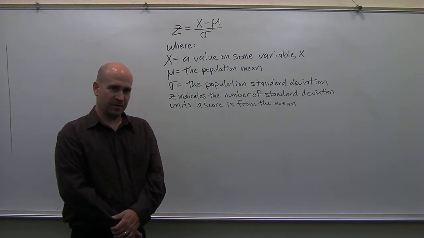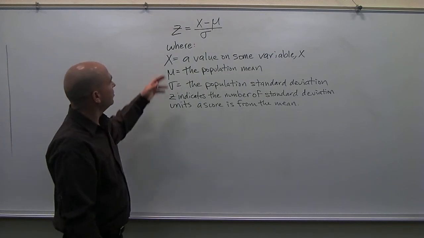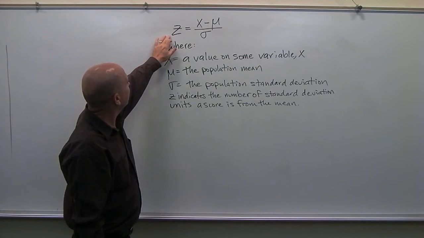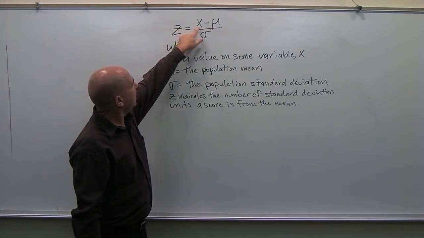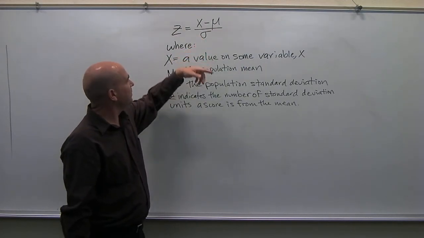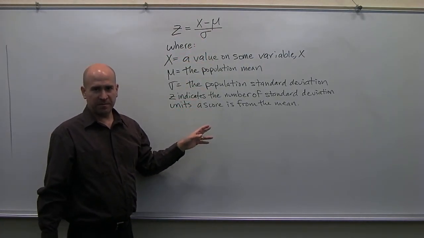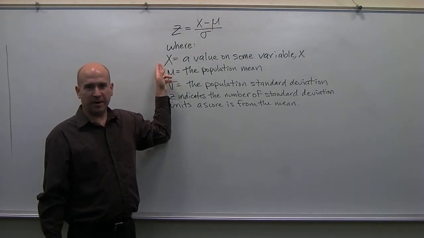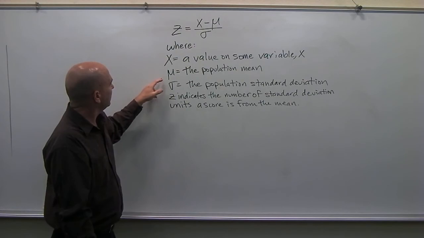In this video lecture, I'd like to talk about what are known as z-scores. A z-score is equal to x minus mu over sigma. Now each of these terms is defined here below. X is a value on some variable x.